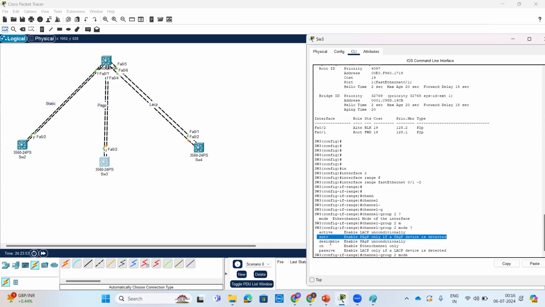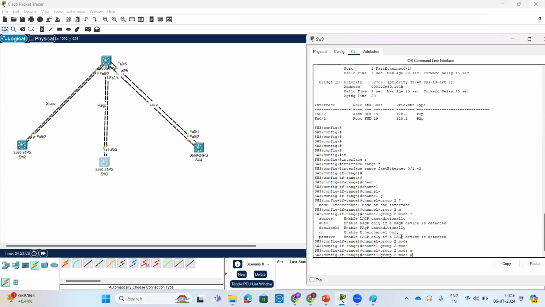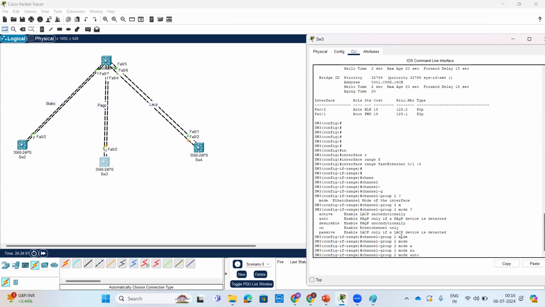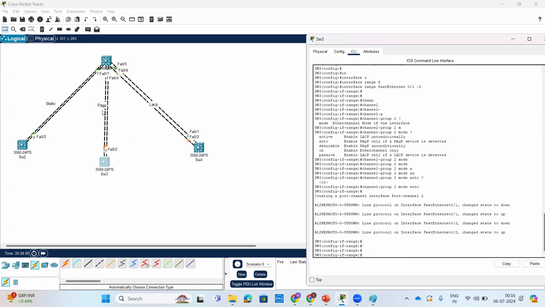If desirable is detected, then only it will form this EtherChannel. If I use auto, we'll check whether they try to form or not. We'll verify, then I'll use a different one. Wait for 30 seconds.